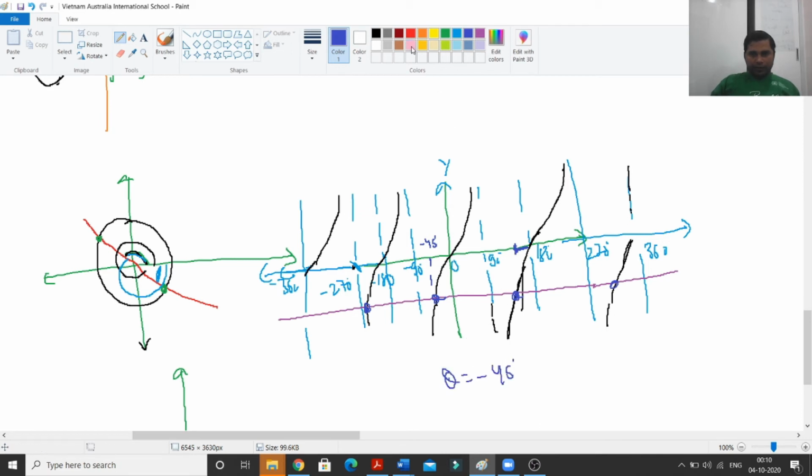So one answer is minus 45. Then the red part from here to here will be 180 minus 45, which is 135, right? Now we have to find this.